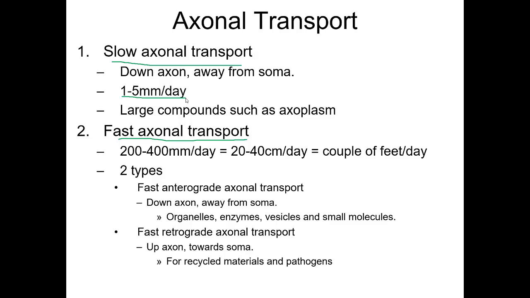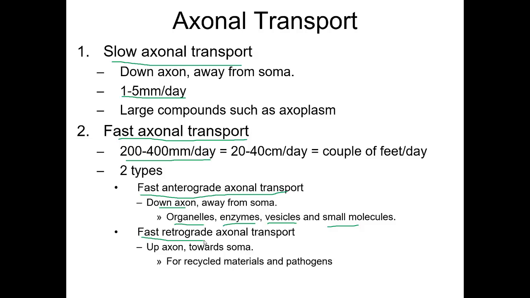So it's called fast anterograde transport, which is down the axon. It's meant for organelles, enzymes, vesicles, and small molecules. Or it can happen fast retrograde, which is from the synaptic end bulb towards the cell body. So just picture this happening.